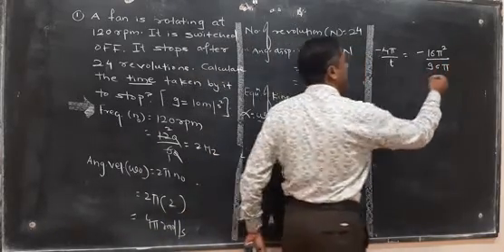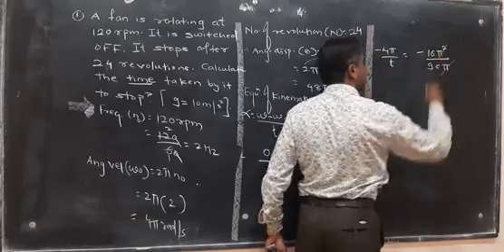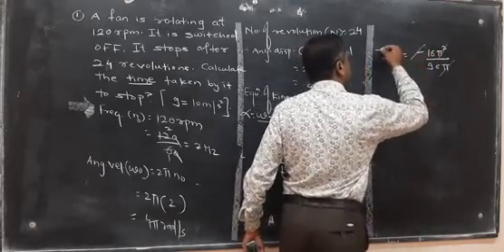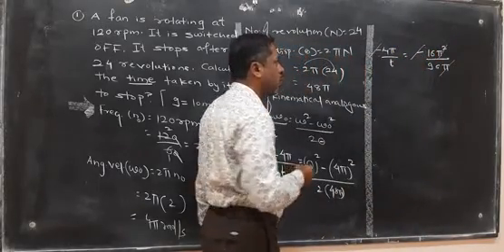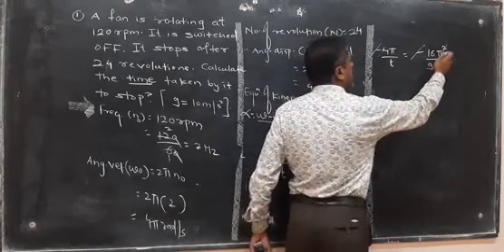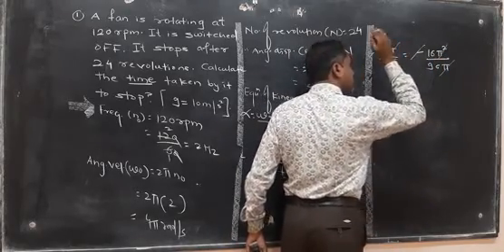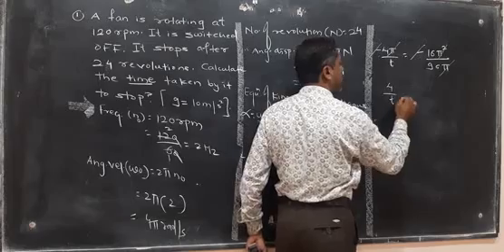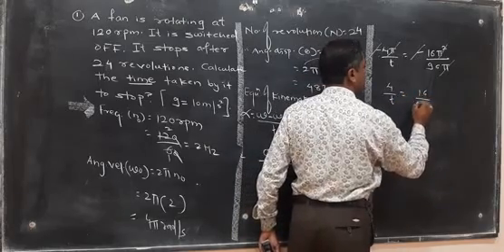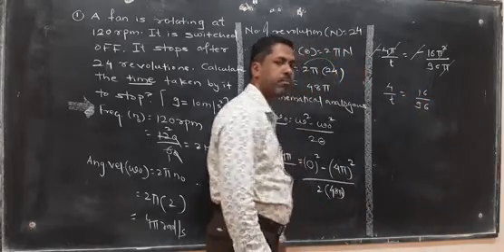Here, on the right side, 1 pi gets cancelled. The negative sign on both sides also gets cancelled. What remains? Here again 1 pi remains, and that pi with this pi gets cancelled. So 4 upon t is equal to 16 upon 96.